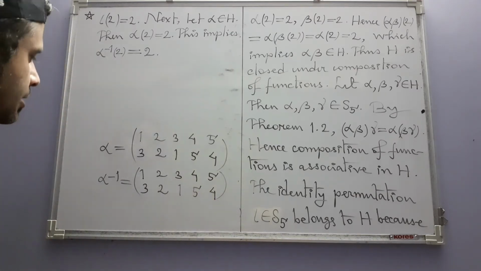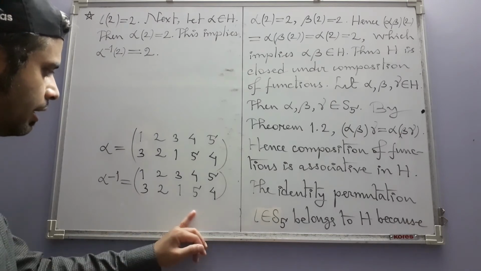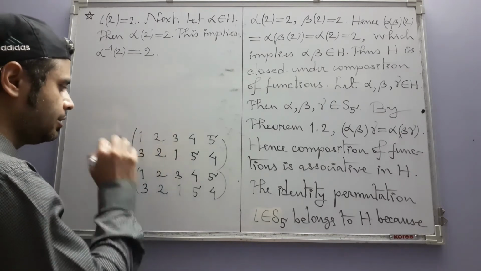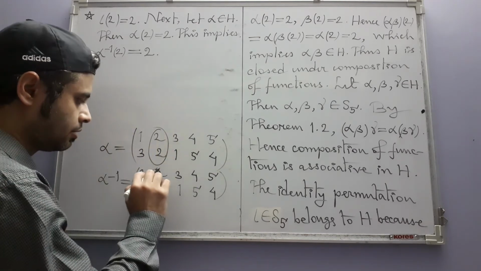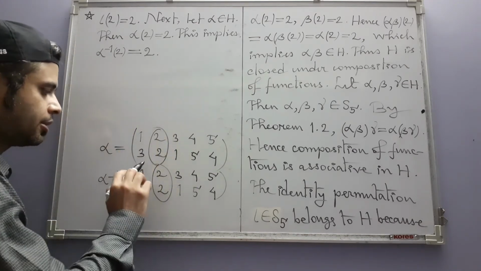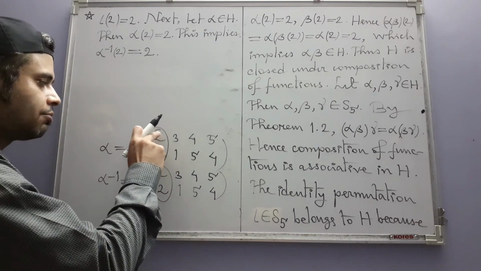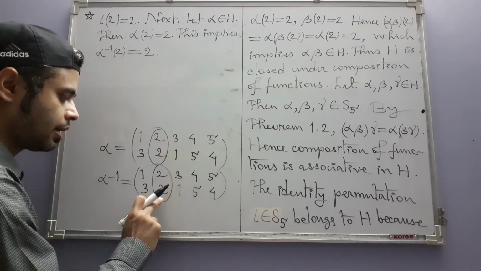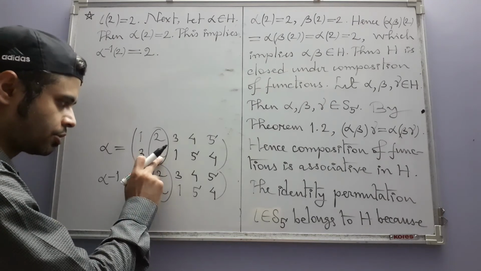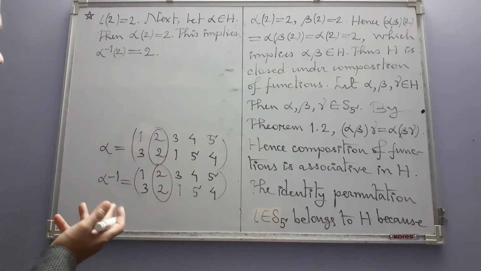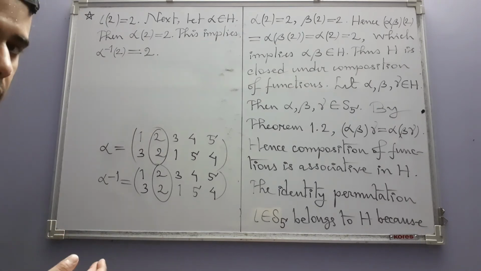Oh, so in this case alpha inverse and alpha are actually identical. Anyway, the thing to observe is that since alpha does not change 2, alpha inverse also does not change 2. In alpha we come from top to bottom, in alpha inverse we come from bottom to top. So that is why 2 remains unchanged by the inverse also.